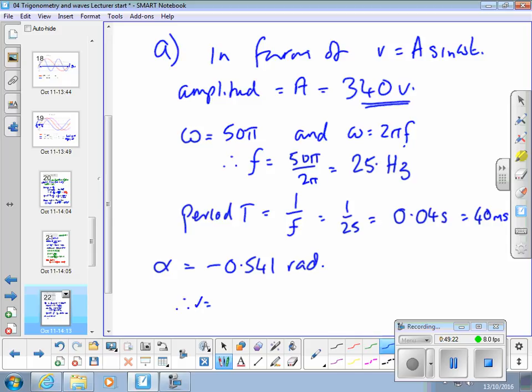Therefore, alpha equals pi over 180 times minus 0.541 equals... Have I got that right? No, is it 180 over pi, isn't it?